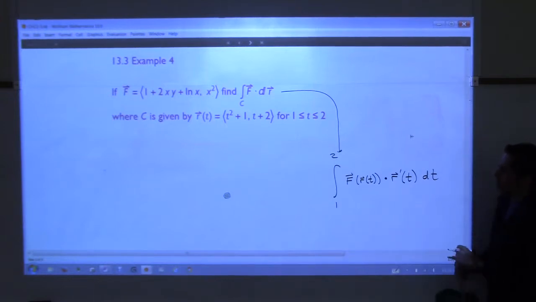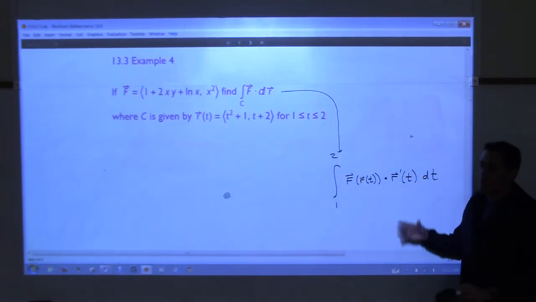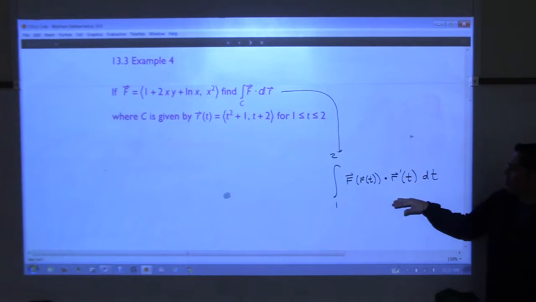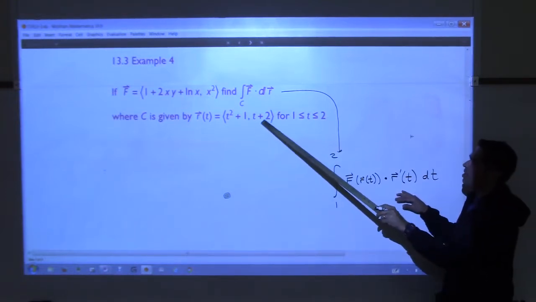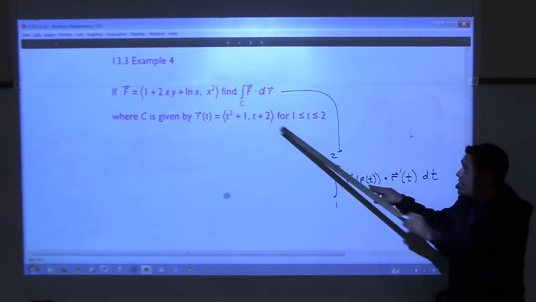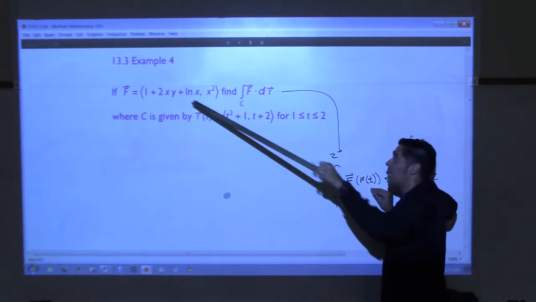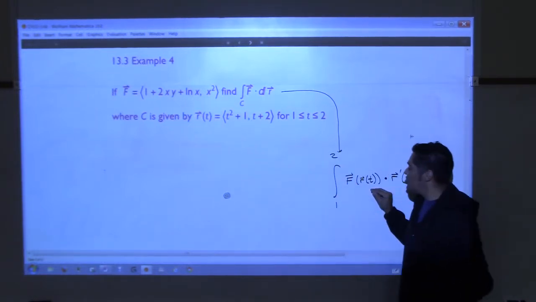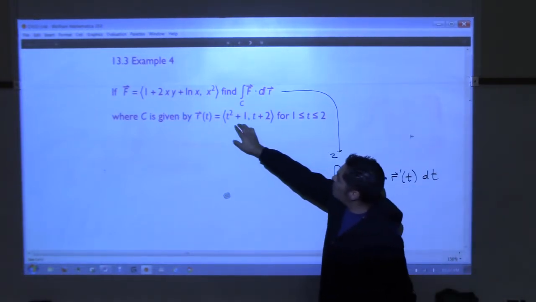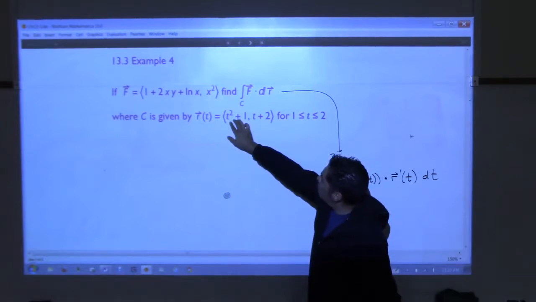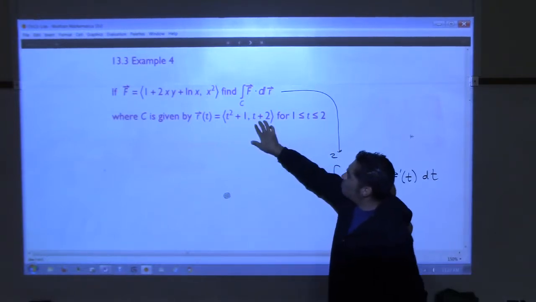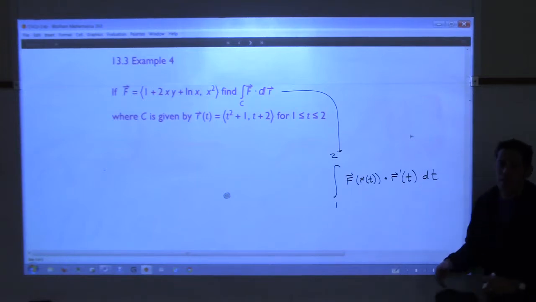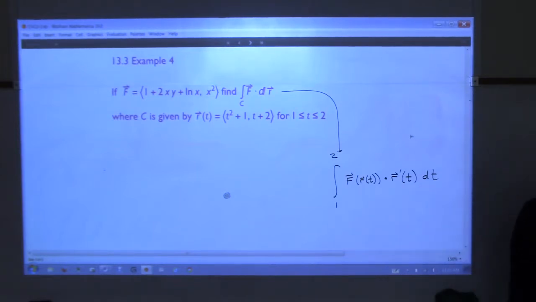That would be the hard way, because you have to take the derivative of this curve and plug it into this vector function, which means you replace all your x's with t squared plus 1, all your y's with t plus 2, and then you dot those together and integrate with respect to t. And that would be a lot of work, wouldn't it?